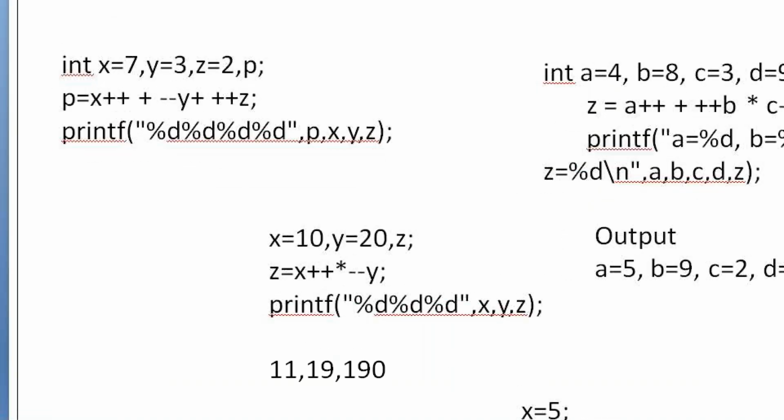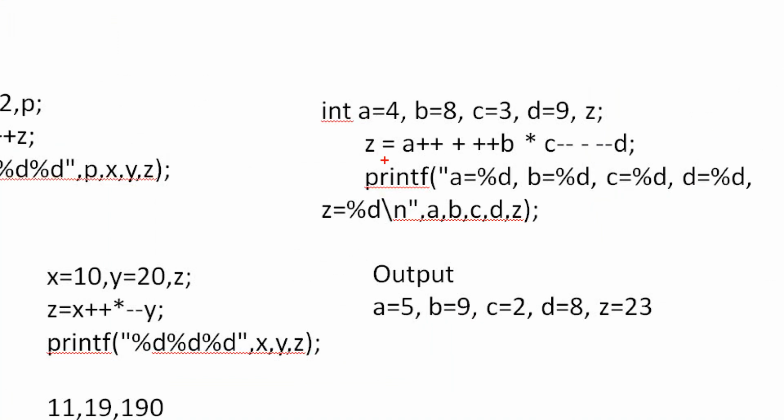Now coming to the next example. Here I'm taking a is 4, b is 8, c is 3 and d is 9. So z will be equal to this expression I'm writing here. First of all, the pre operators are executed. What is --d? --d means it will be 8.